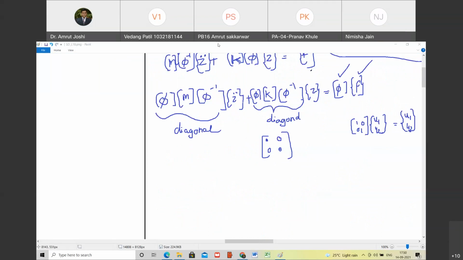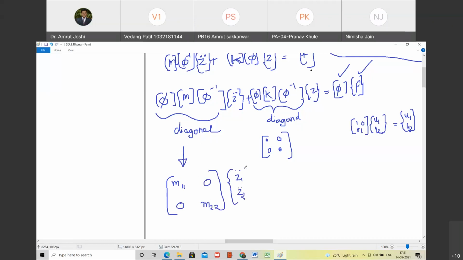Understand, if phi M phi inverse is diagonal, I am calling its elements something similar to the mass matrix but in the new coordinate system. I am going to call these elements m11, 0, 0 and m22. Are you with me? This into Z1 double dot, Z2 double dot.